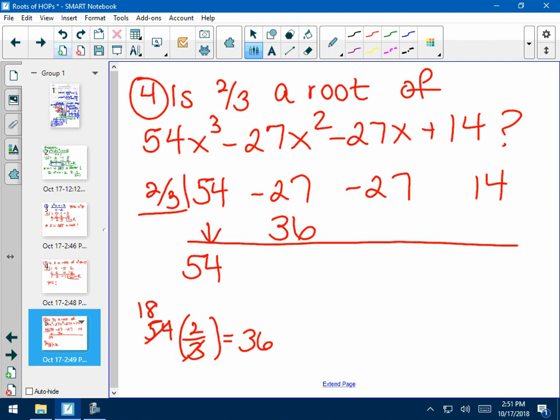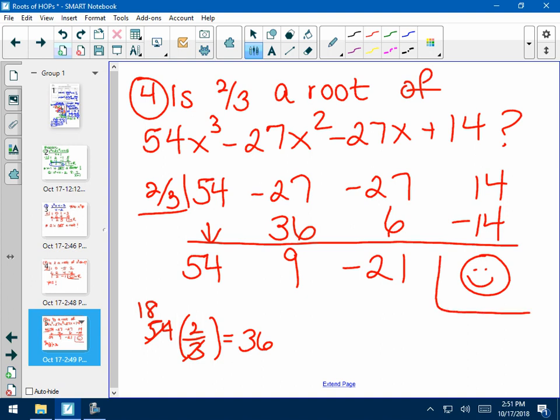So when I take 36 and add to -27, I get 9. And then 2/3 of 9. Let's see, 3 goes into 9 3 times. 3 times 2 is 6. Add it to -27 to get -21. 3 goes into -21 to get -7. And -7 times 2 is -14. Okay, the remainder is in fact 0, so therefore 2/3 is a root.